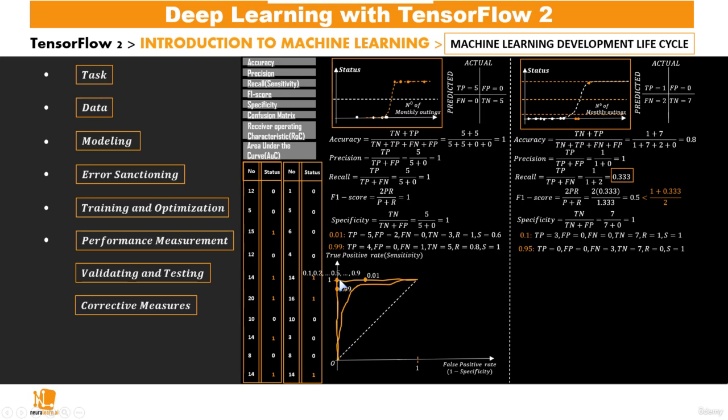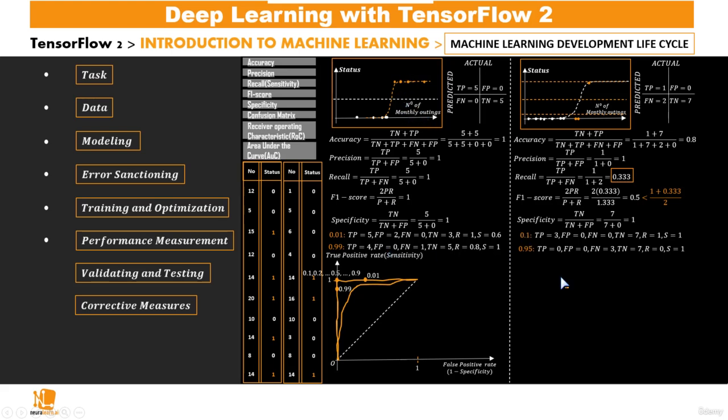A recall of 1 and 1 minus specificity of 0 at this point tells us that any threshold we choose between 0.1 and 0.9 will give us that recall. So this curve helps us in finding the best threshold for our problem.